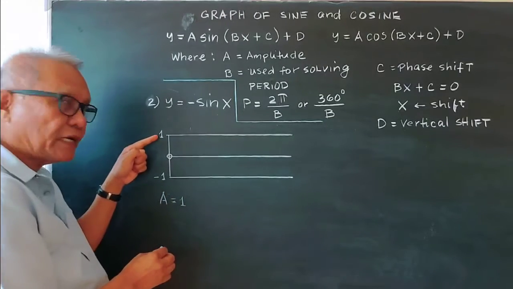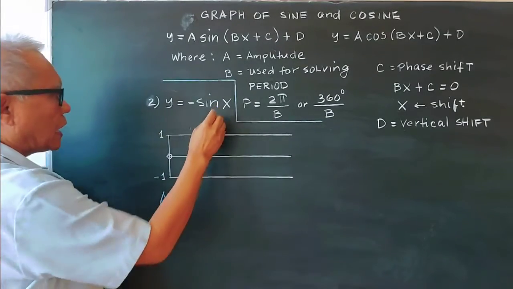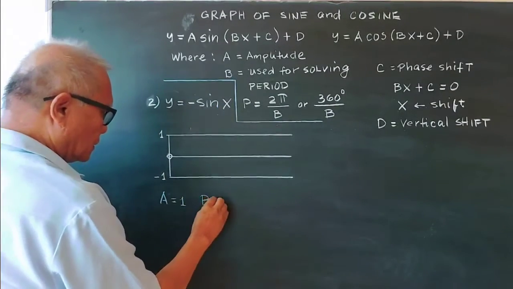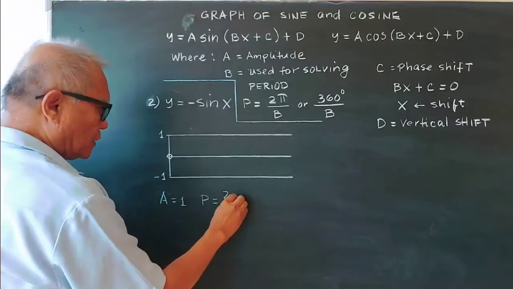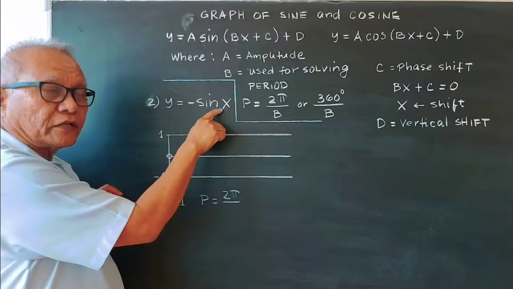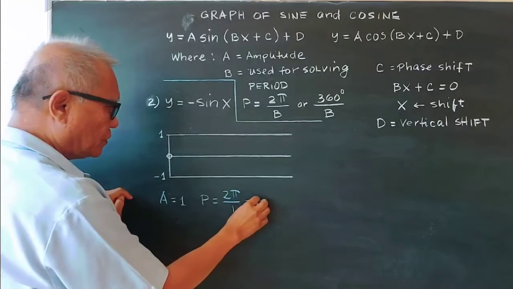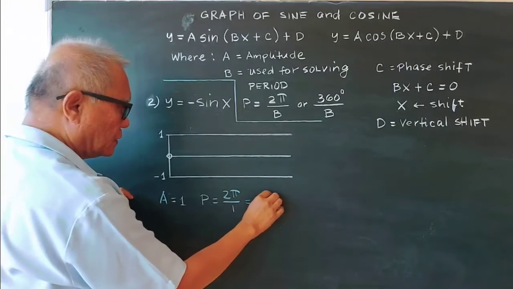So we have 1 up and 1 down. Our period is 2 pi, or 360 degrees, divided by the letter here, the b, which is 1. So our period is 2 pi here.